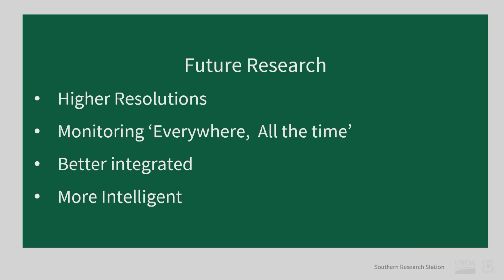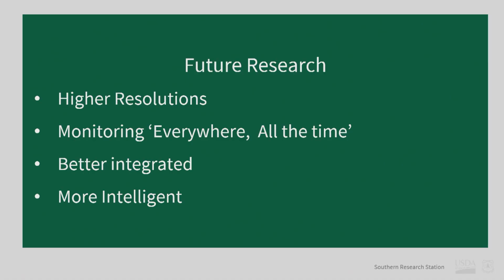So for future research, I think a few ideas. Here is a higher resolution. I think we recognize that land managers require a better resolution. Like our ForWarn, for the national scale monitoring of forest health.